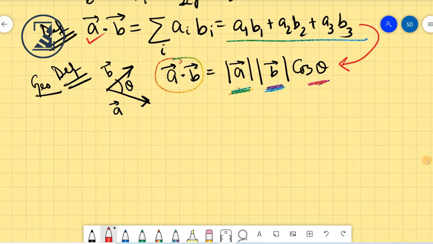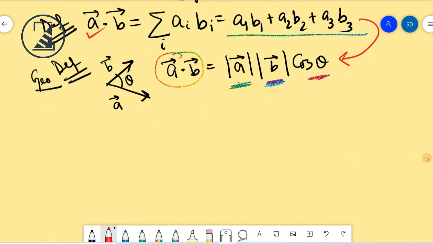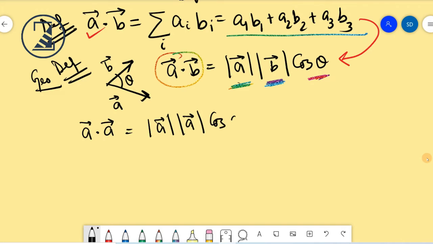Let's do a fact check first. Let's take two same vectors, say A dot A. This is nothing but mod A times mod A times cos of the angle between A and A, which is cos 0. Cos 0 is 1, so this is nothing but mod A squared. Okay, now let's take the previous definition.